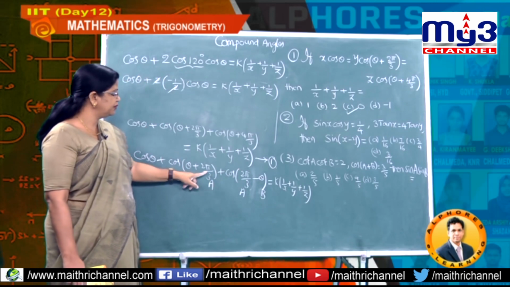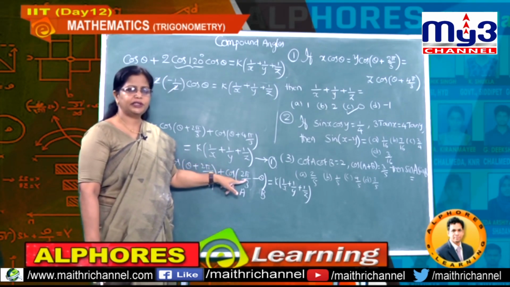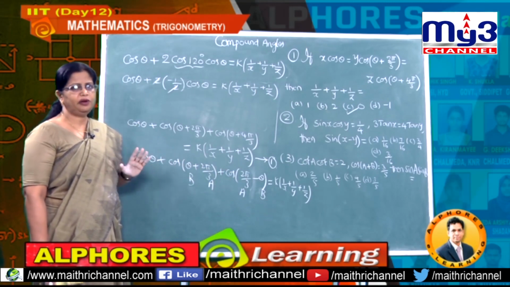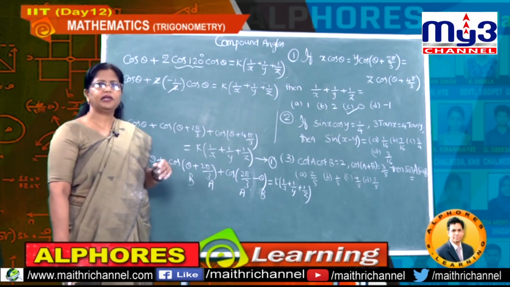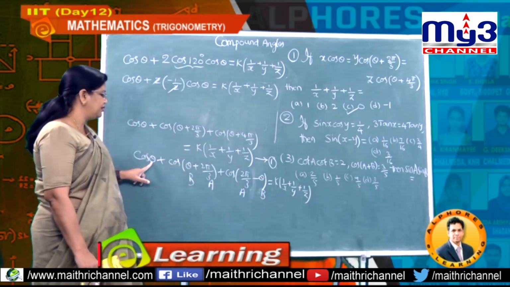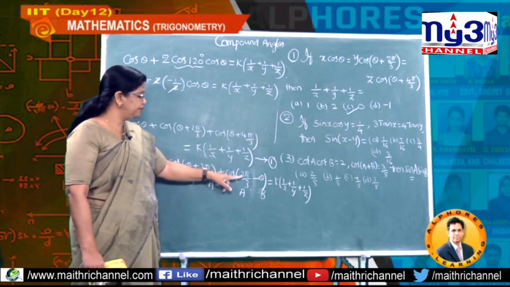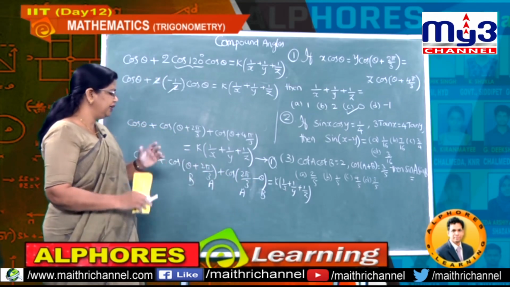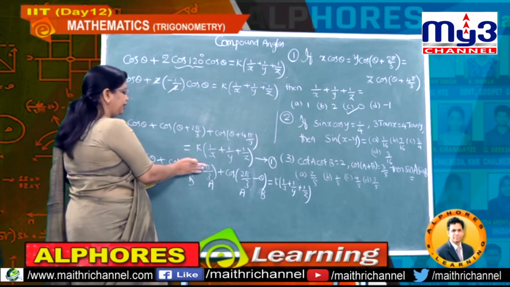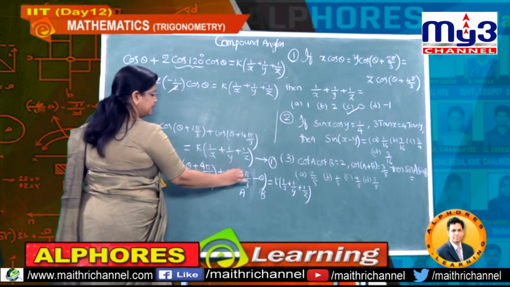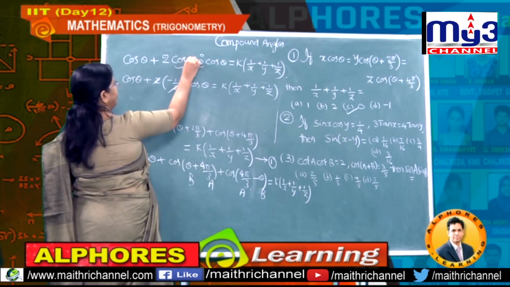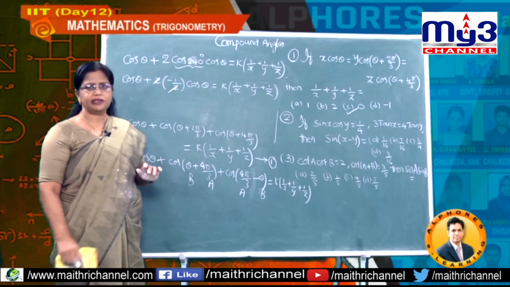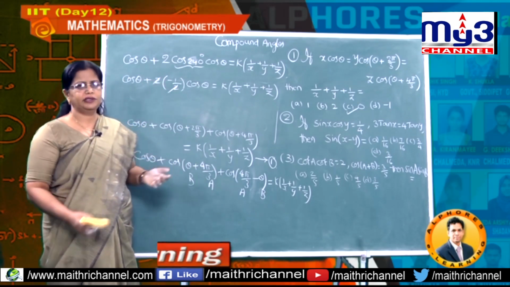Students, instead of this 2 pi by 3, that is 120 degrees, suppose I am having 240 degrees, any problem? Can I get the same result or not? Let us check once. This is cos theta, cos of a plus b plus cos a minus b. Instead of 2 pi by 3, if I write 4 pi by 3, what will happen? What is the value here you can get? 240. What is cos 240? Again how much it is? Minus half. Then also your answer will be 0.